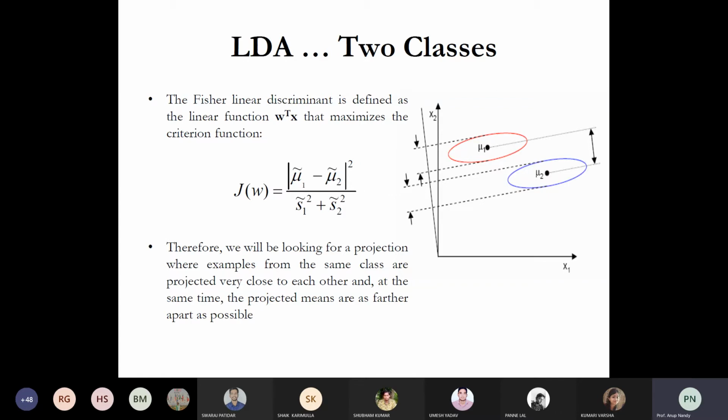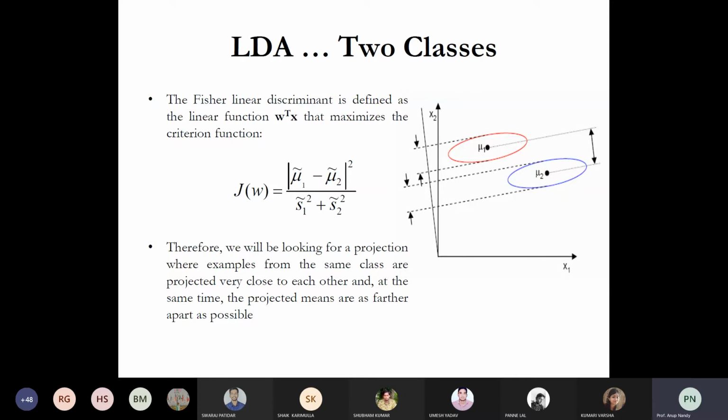So the Fisher linear discriminant is defined as the linear function W transpose X which maximizes this criterion function, (mu1 minus mu2) square divided by s1 square plus s2 square.